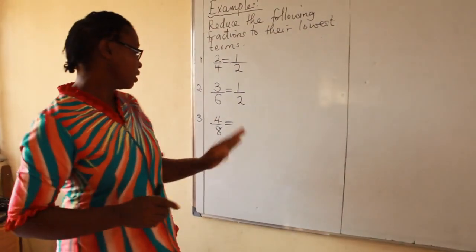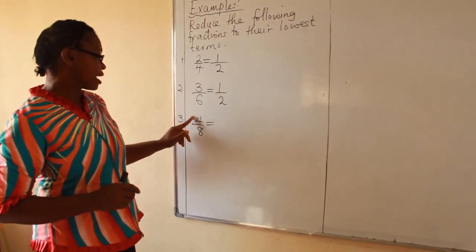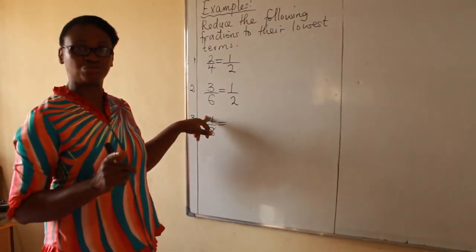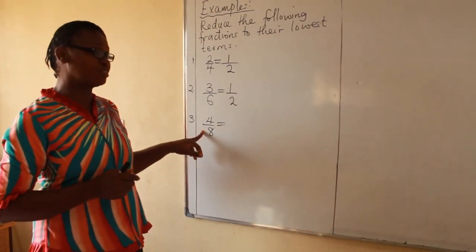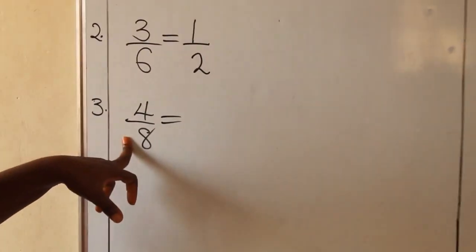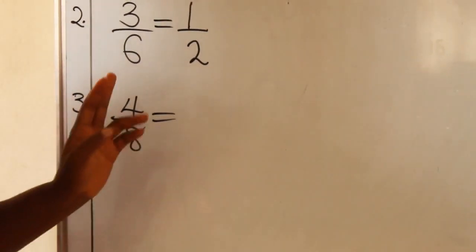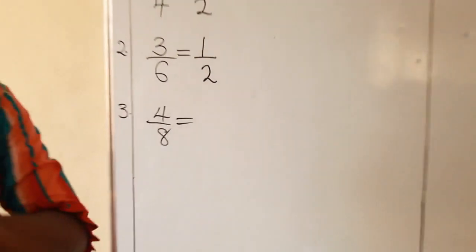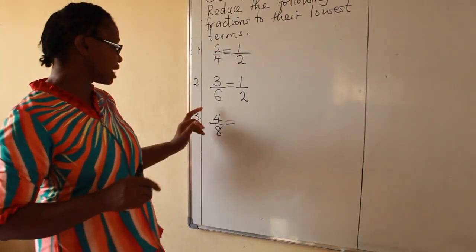No. Each time you check the number. This number can be divided by 2 without a remainder, and you can also divide 8 by 2 without a remainder. So children, you will not go first to say, okay, since it is 4, 4 will go into itself once, and then 4 will go into 8 2 times. No, we start with 2.